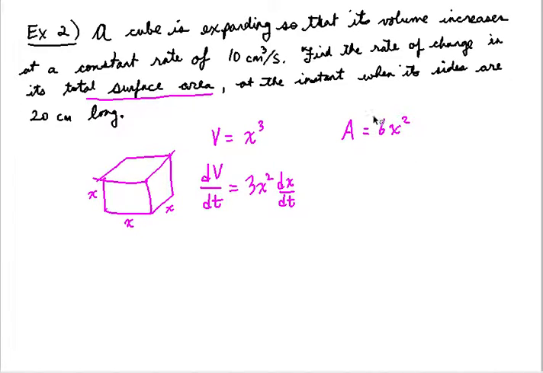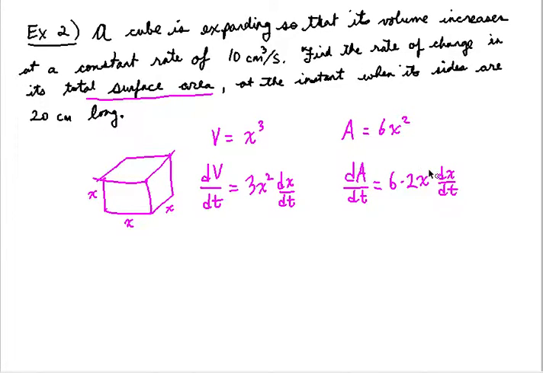What would this be then? I'm asked to find the rate of change of the total surface area. So I have the surface area formula, but I need to find the rate of change of this. How fast is this moving? If I differentiate both sides, I get 6 times 2x to the 1 times dx/dt, right?